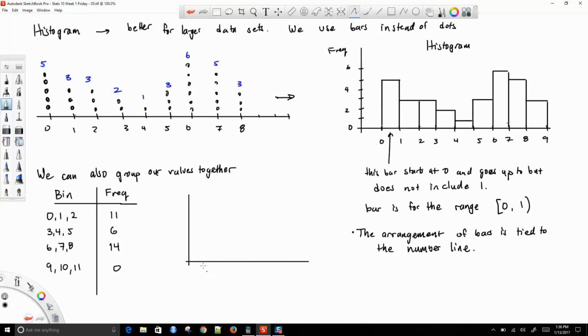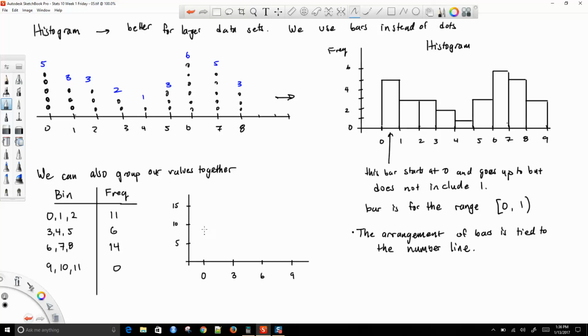In this case, our histogram would look like this: 0 up to but not including 3, up to but not including 6, and then 9, and then 5, 10, 15.